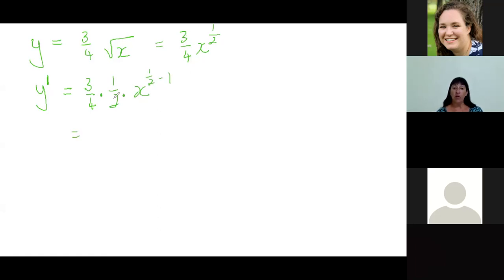So power forward, multiply, keep the base, and then a half minus 1. If I work out that fraction, it will be 3 over 8. x to the a half minus 1 is minus a half.